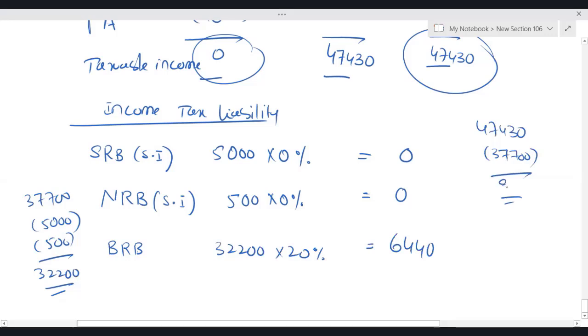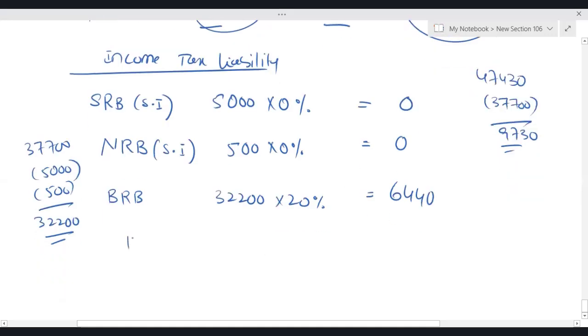I'm getting 9,730. 9,730 into 40%, 3,892. So great.